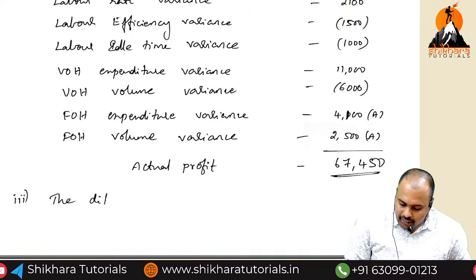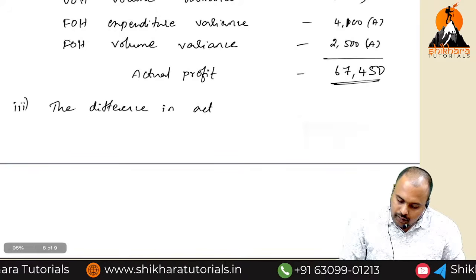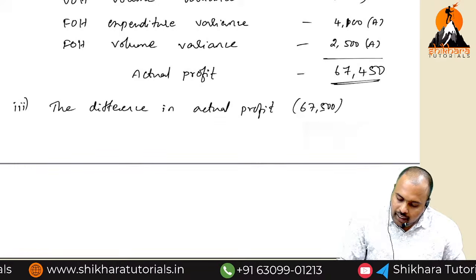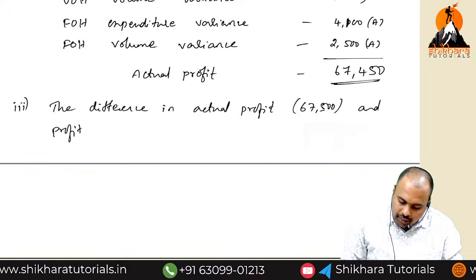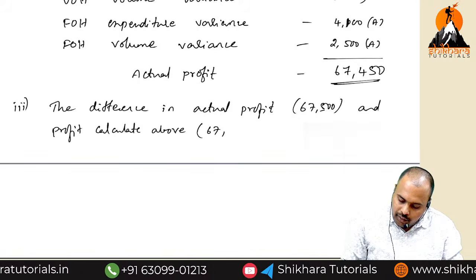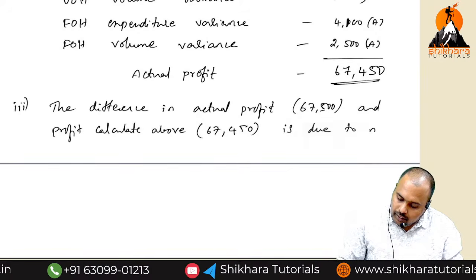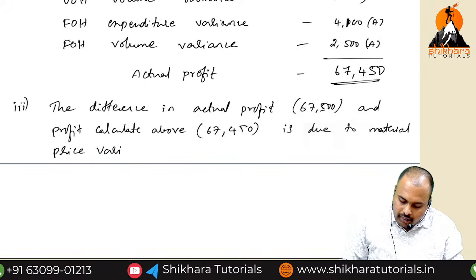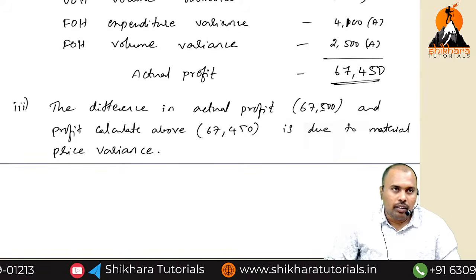The difference in actual profit, which is 67,500, and profit calculated above, which is 67,450, is due to material price variance. Material price variance. Understood, right?